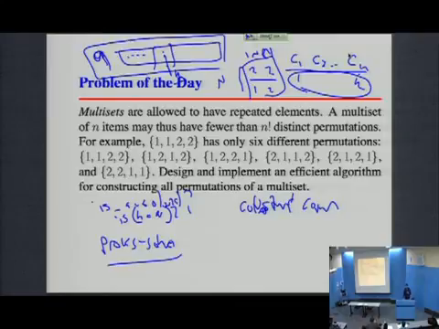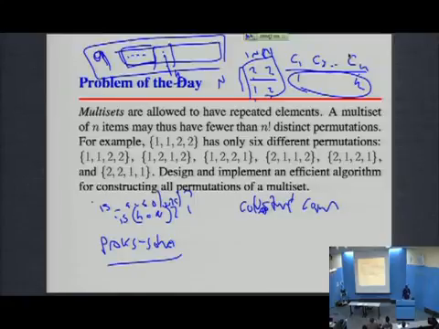And I will have used in my prefix a certain number of, in this case, 1s, and a certain number of 2s. And my candidates are going to be a 1 if I still have an unused 1, and a 2 if I have an unused 2. Does everybody see what he's saying here?